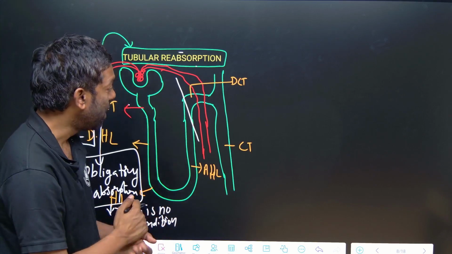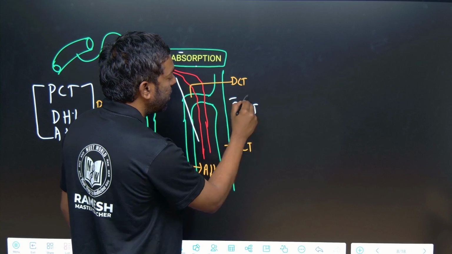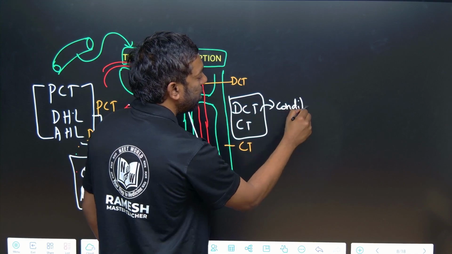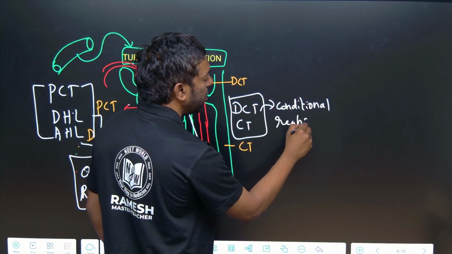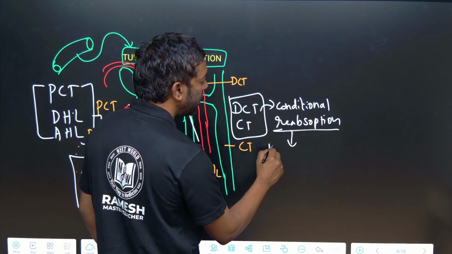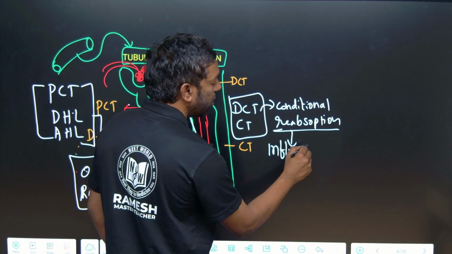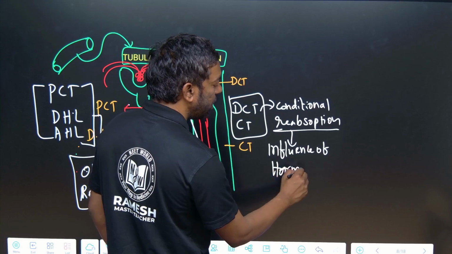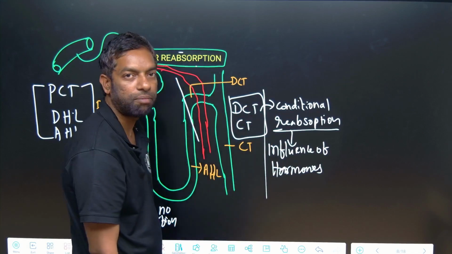And in the DCT and collecting duct, conditional reabsorption takes place. Conditional reabsorption means under the influence of hormones. Under the control of hormones, this reabsorption takes place.